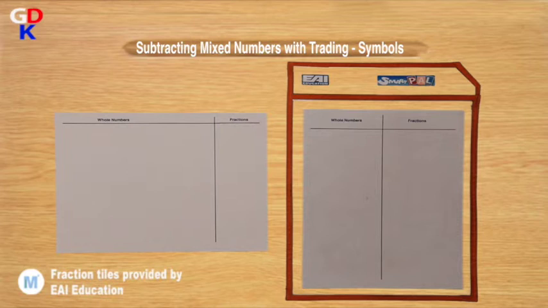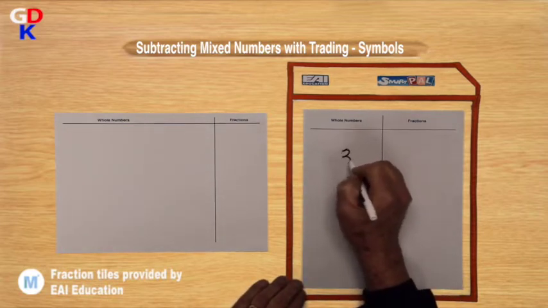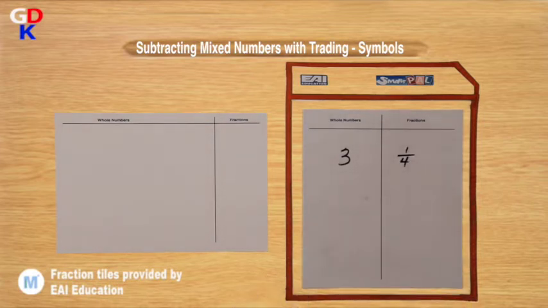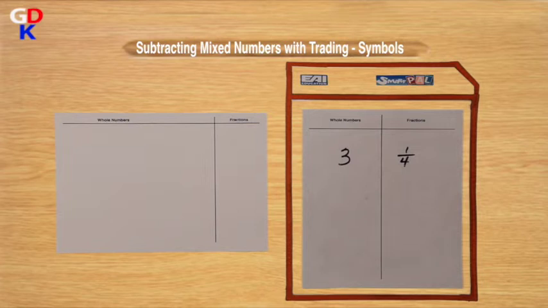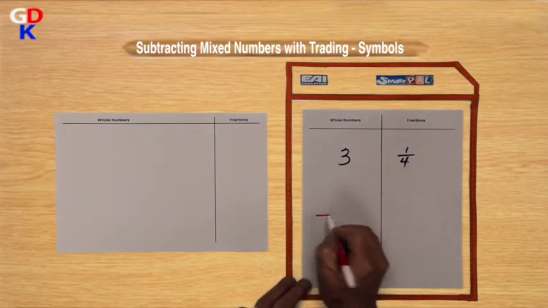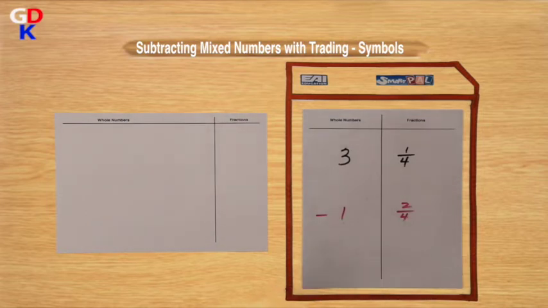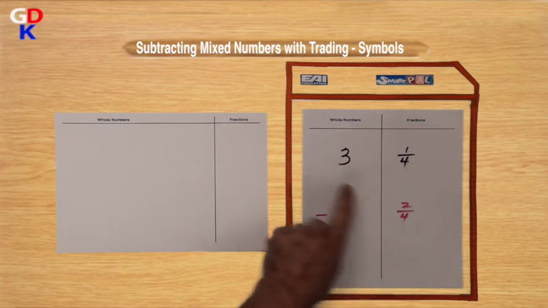We're talking about subtracting mixed numerals. So let's look at the mixed numeral 3 and 1/4. And from 3 and 1/4, we want to subtract 1 and 2/4. Now remember that the 1 and 2/4 is somewhere in 3 and 1/4.